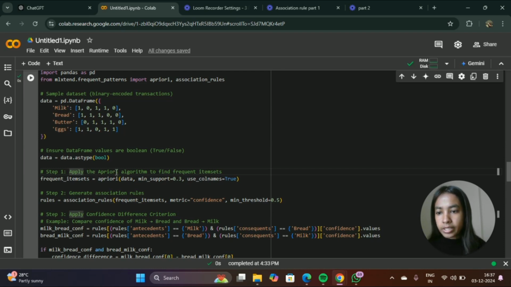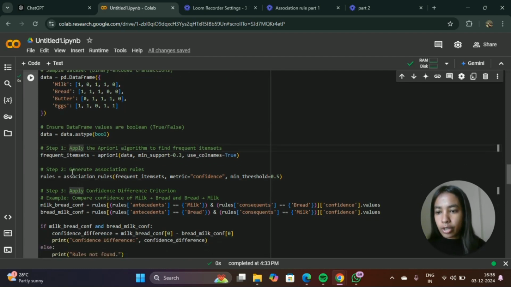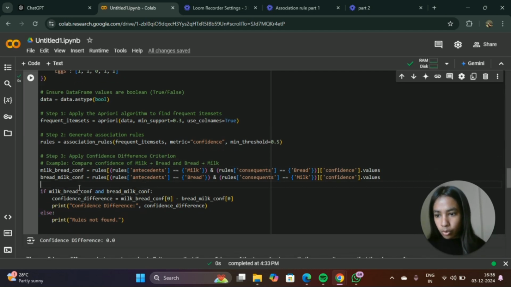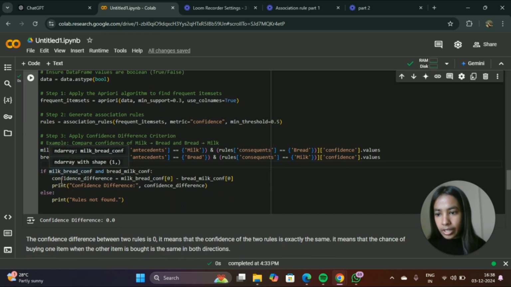First, we apply the Apriori algorithm to find the frequent item sets. Then we generate the association rules. And then we apply the confidence difference criteria and compare the confidence of milk to bread and bread to milk. This is the if-else condition in the code.